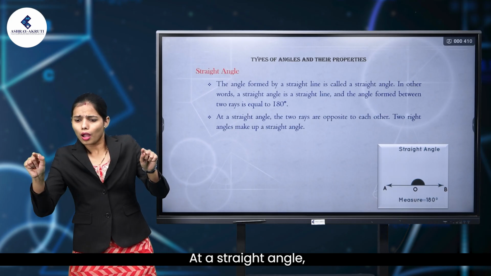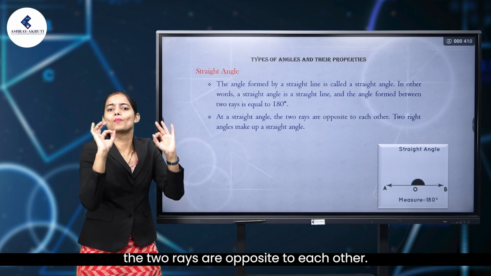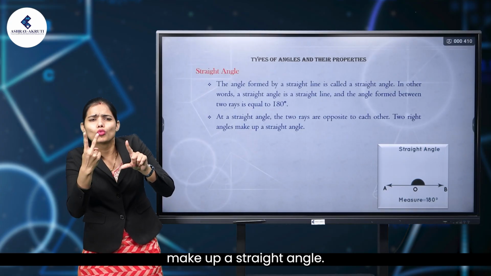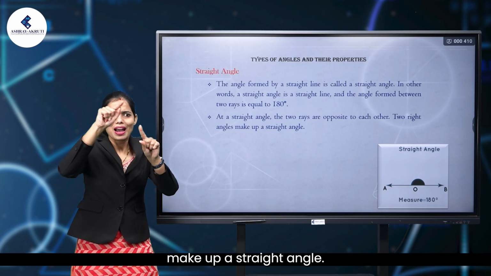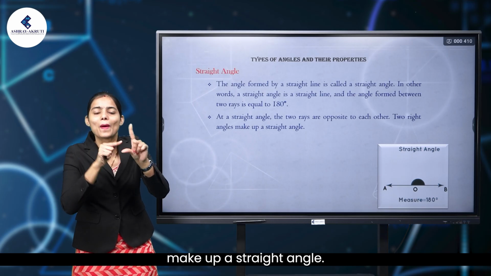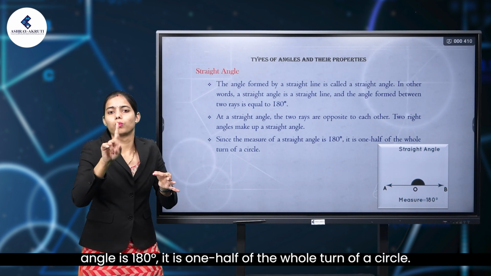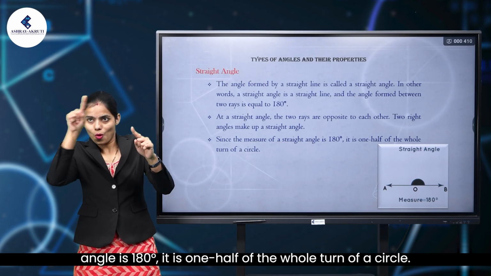At a straight angle, the two rays are opposite to each other. Two right angles make up a straight angle. Since the measure of a straight angle is 180 degree, it is 1/2 of the whole turn of a circle.